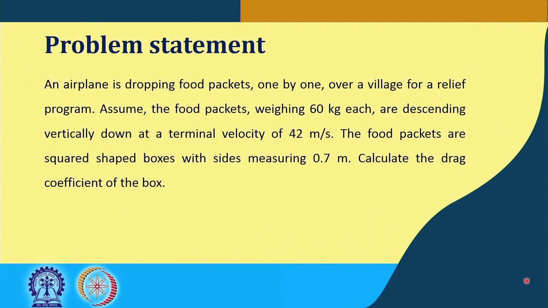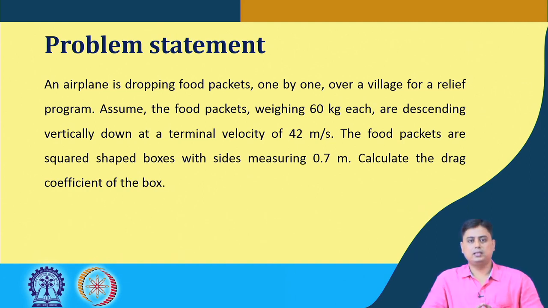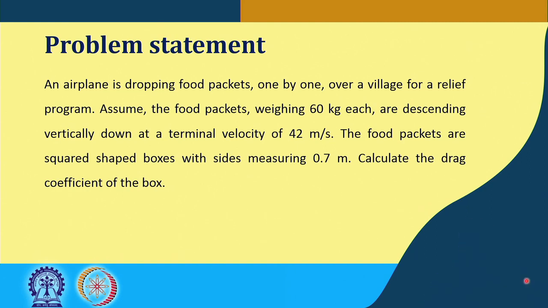So, how do we solve such a problem? First of all we assimilate what information is given and what things we should look for. Here, although there is a bit of preamble that the airplane is dropping food packets as a relief package, the essential thing is that one square sized packet is coming down vertically with a certain velocity.